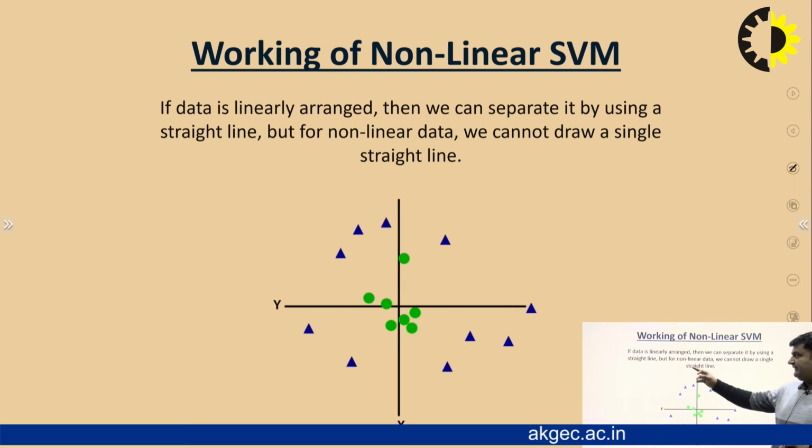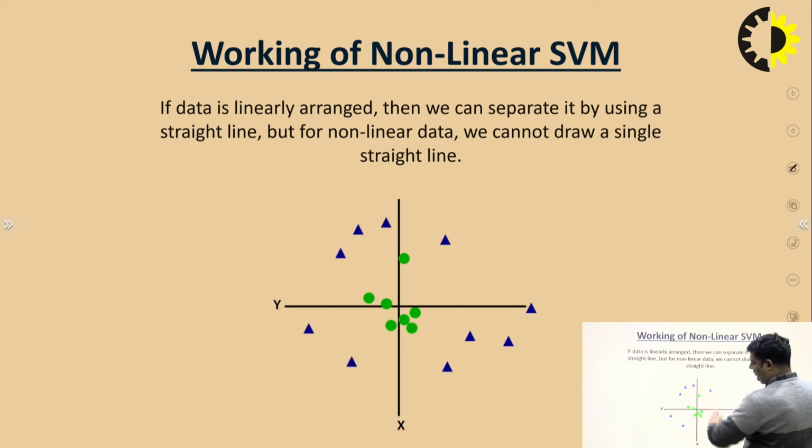But in the case of non-linear data, we cannot draw a single straight line to divide the data into two classes. Some of the points would fall on this side, some on that side, so it is not possible to divide them into two classes. This is the non-linear SVM problem.